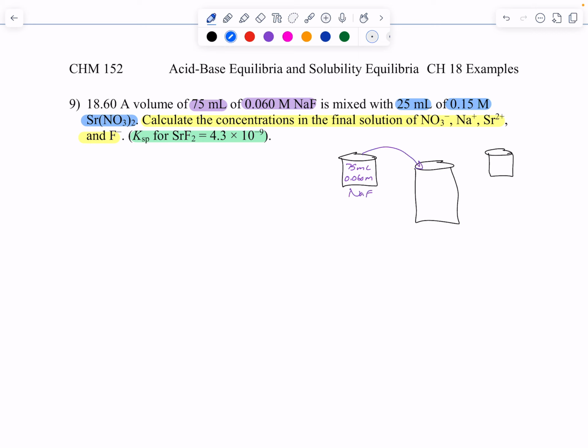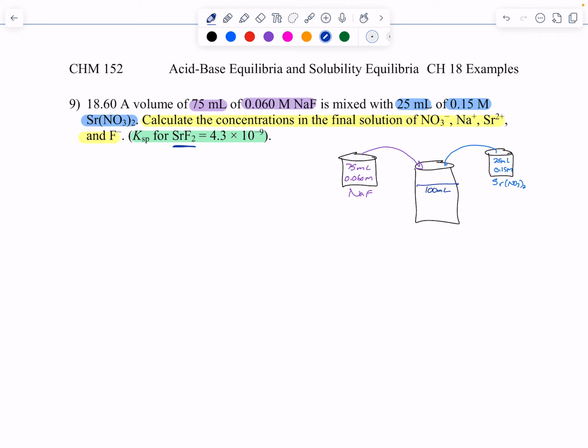And we have 25 milliliters, 0.15 molar, Sr(NO3)2 coming in to give us 100 milliliters. So there's a dilution right away. All right, there's a dilution. Okay, but there's also a reaction as well.